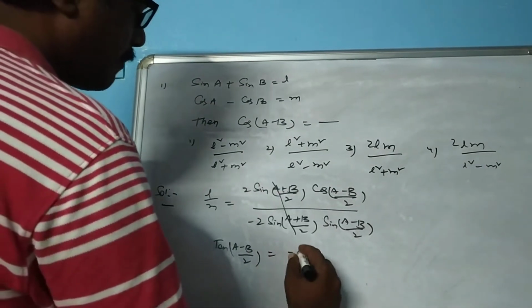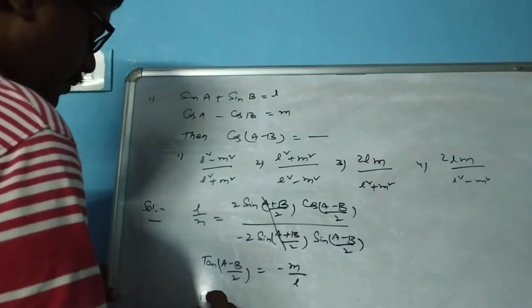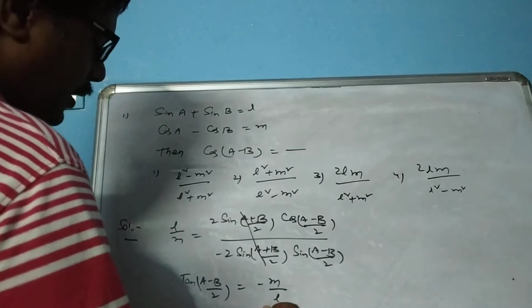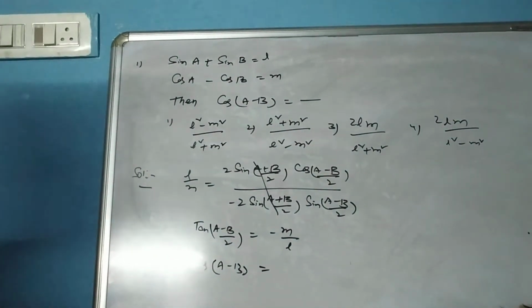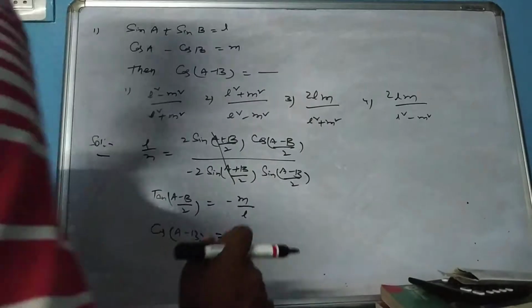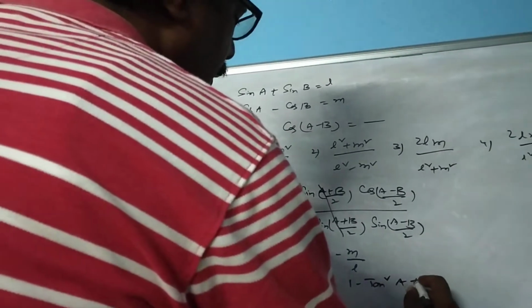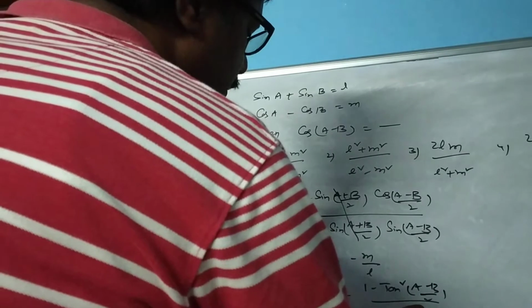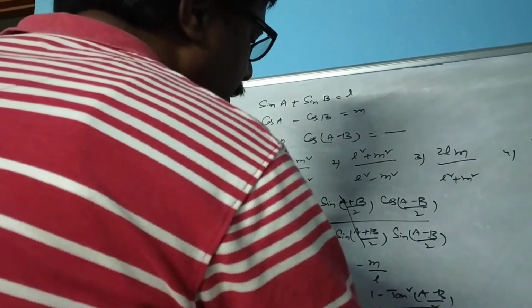This is minus M by L. Now cos(A minus B) can be written as cos 2A is equal to (1 minus tan square of (A minus B)/2) by (1 plus tan square of (A plus B)/2).